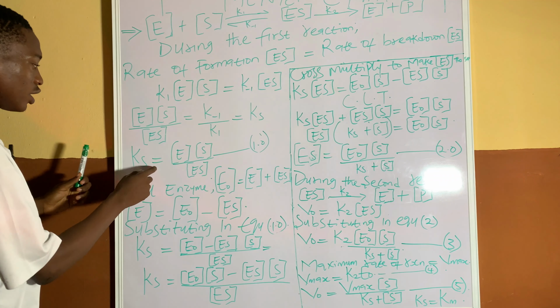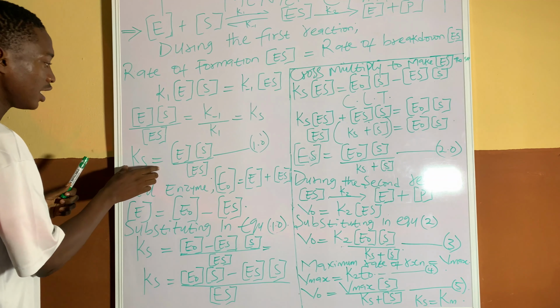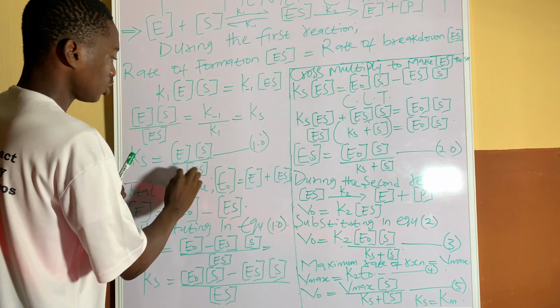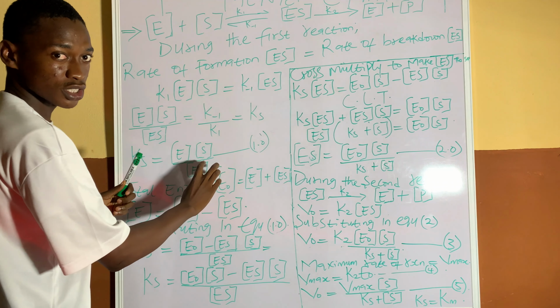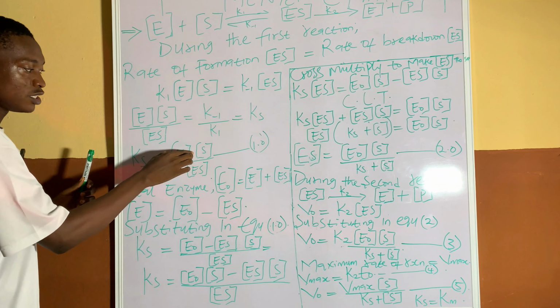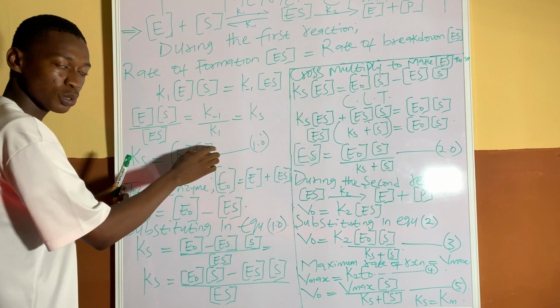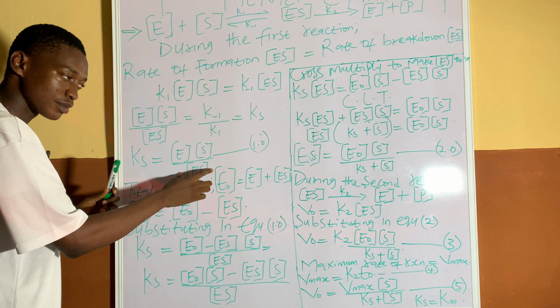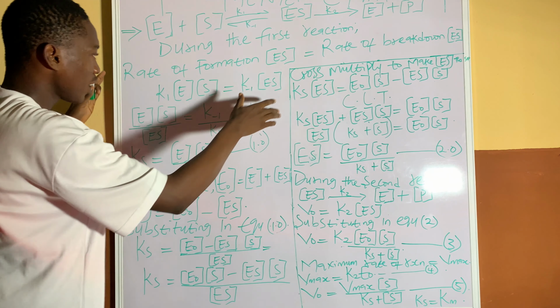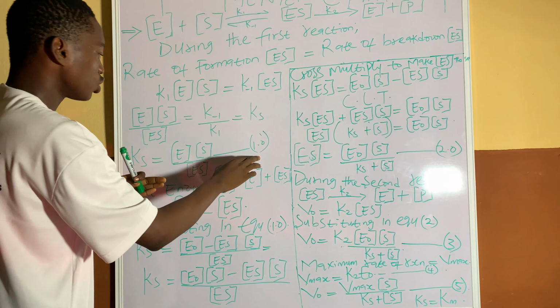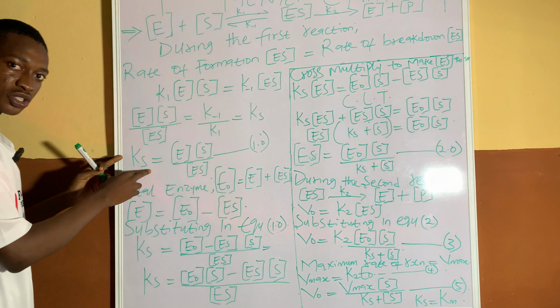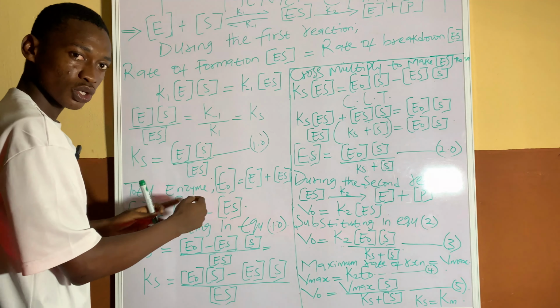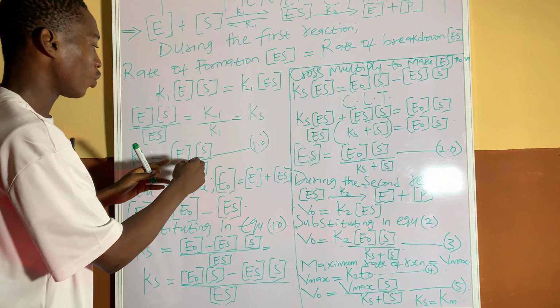This is equation 1: Ks equals concentration E times concentration S all over concentration ES, where E is the free enzyme, S is the substrate, and ES is the enzyme substrate complex. So from this explanation, we've gotten our equation 1.